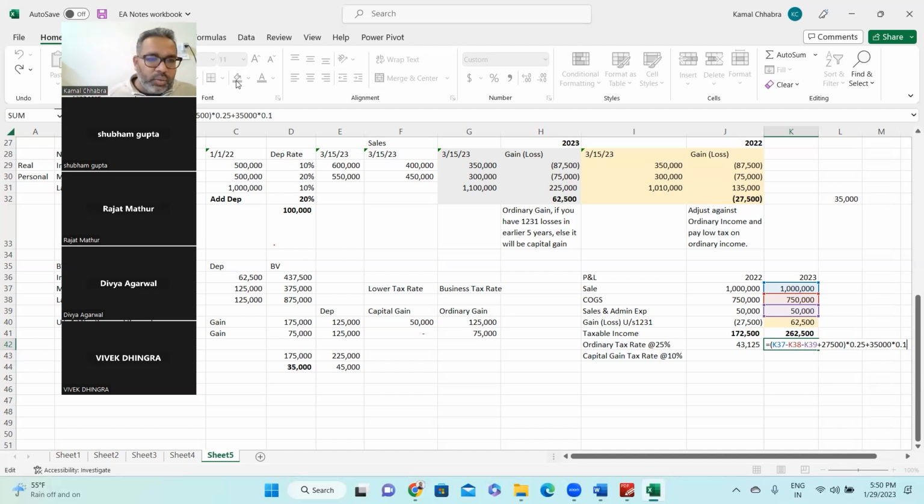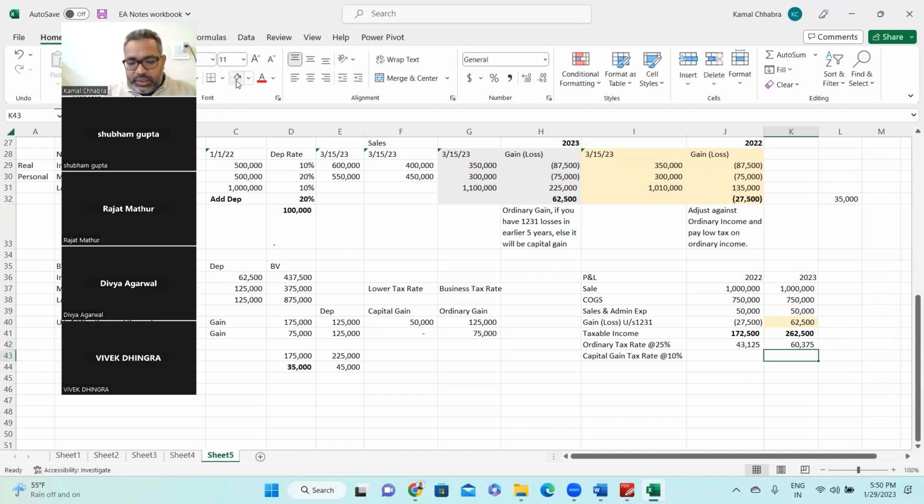So that's how you'll calculate the tax liability for this year. Right now, if you see, this year you have saved taxes on 27,500 in 2022 at 25%. Yes or no, Vivek? Sachin?